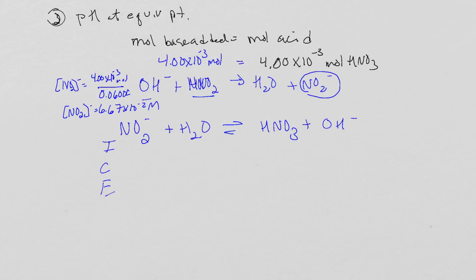I'm just going to write it like this, 0.0667, to avoid scientific notation and make it a little bit easier. We start off with none of the products, and once this reaches equilibrium, this goes down by x and these both go up by x, so we have 0.0667 minus x, x, and x.